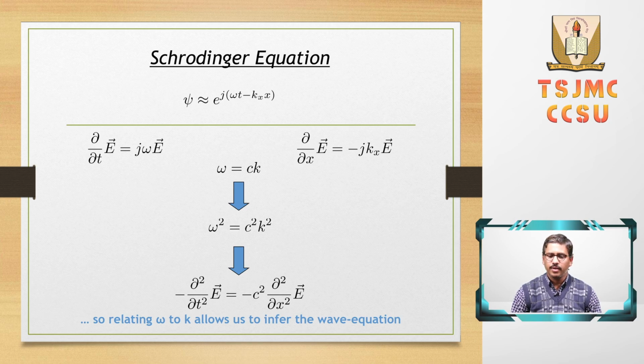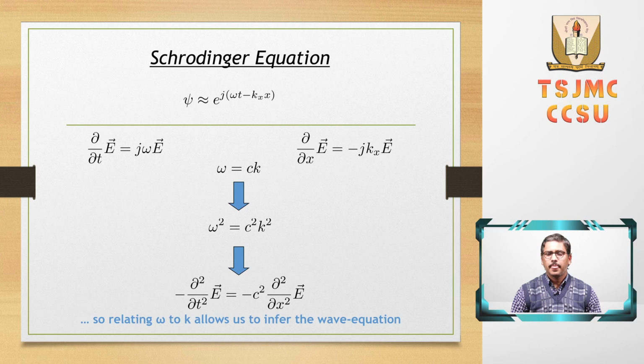So basically it is a plane wave: psi equal to e to the power i(omega t minus kx). Why is it called a plane wave? Because the exponential term describes the phase of the wave, and you can see the wave vector multiplied by x. Here we are only describing one dimensional motion.